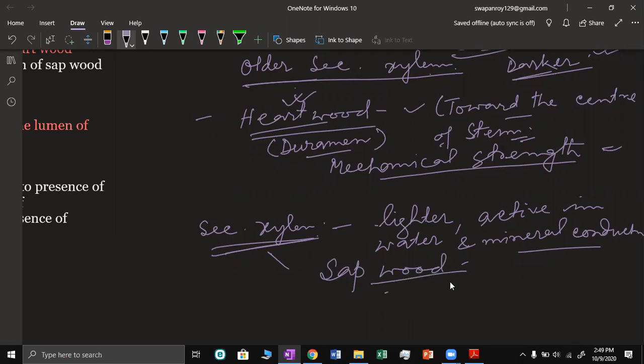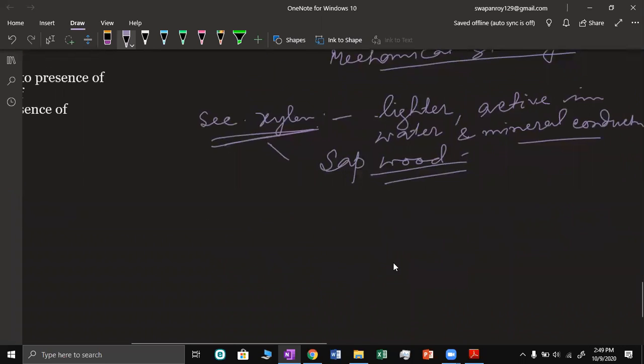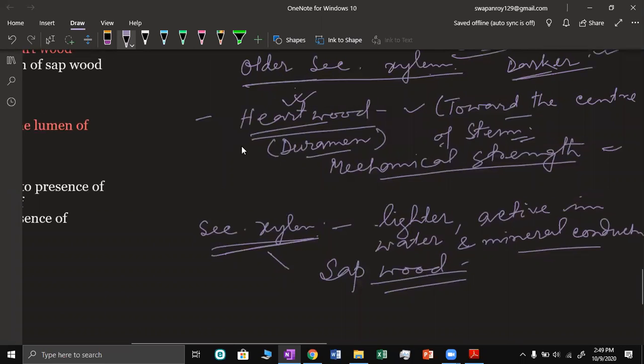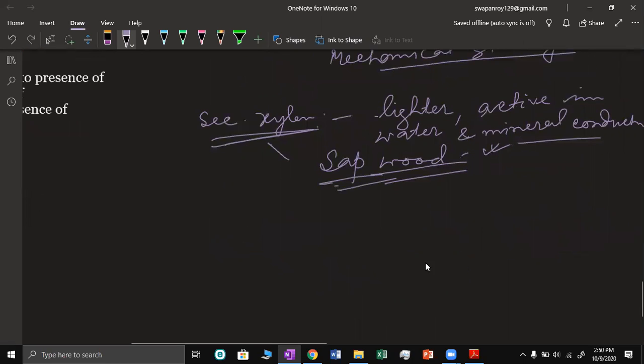So in the older trees, we can get towards the center dark colored wood, and towards the periphery we get light color wood, and the light color wood is sapwood. As the time passes, that is the tree grows older, the sapwood is gradually converted into heartwood.